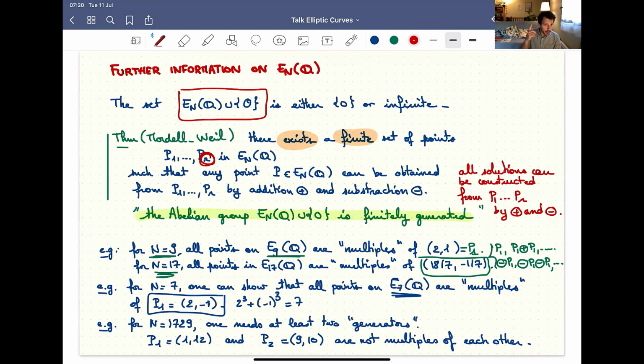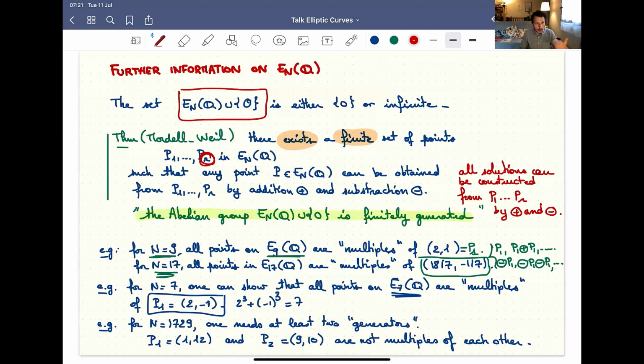So you're looking for points P1 to PR, but you don't know how many, and you don't know how big they are, and you have to find another way of proving that you've finished the computation. It's essentially a case-by-case computation, and there is no algorithm at the moment which will do this computation for you. If you have a special case, then you can maybe find some special relation.